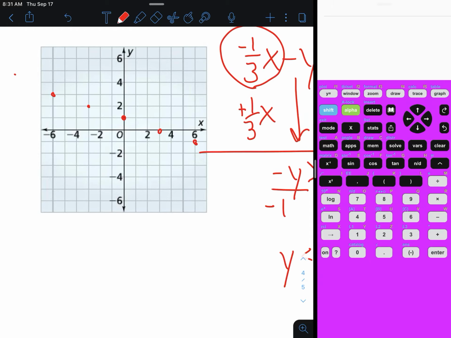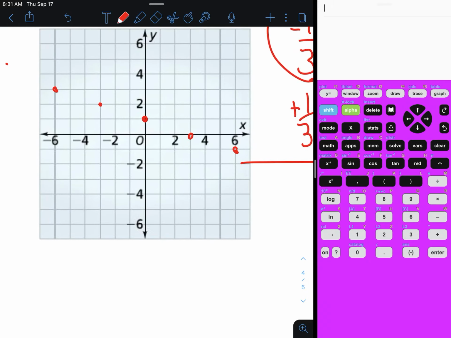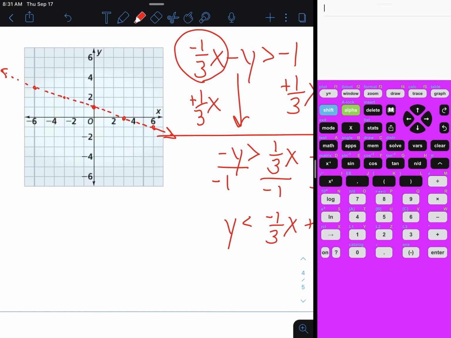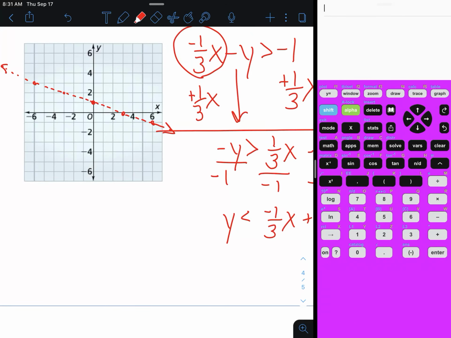Okay, so a broken line, and I'm going to be as detailed as I can because I know the answer is kind of odd. It's a really tiny area once we get done with this problem. Okay, and I think I need to shade. Let's see what the sign said. Broken because it's not equal to, it says less than. So anything under the red line is an answer.